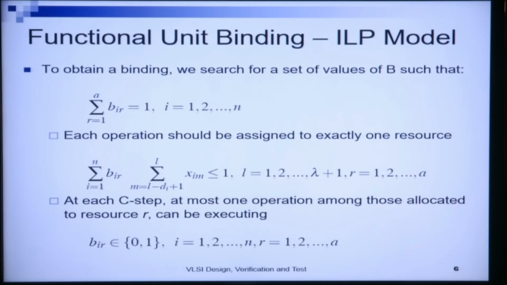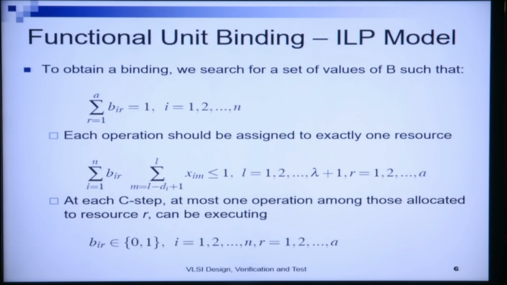And when we multiply this term with this term, it gives me all operations that are bound to resource r and actively executing at time step l. This term gives me whether an operation is active at time step l, and this term gives me all operations bound to resource r.